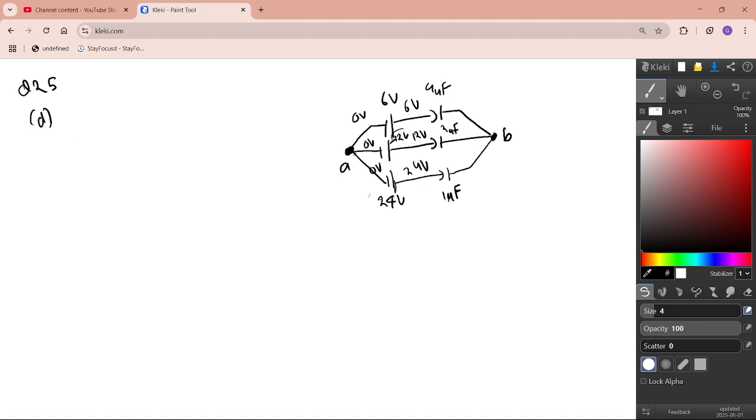This is our battery, and this is the wire. So these are also connected to the same conductor here, at the same potential.